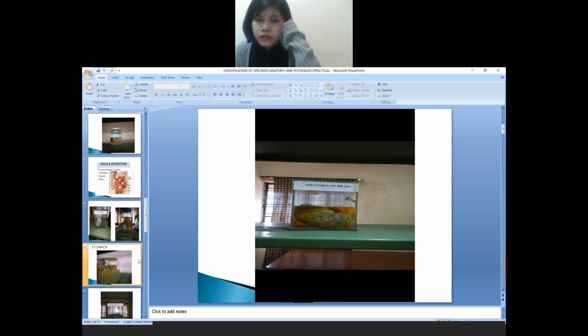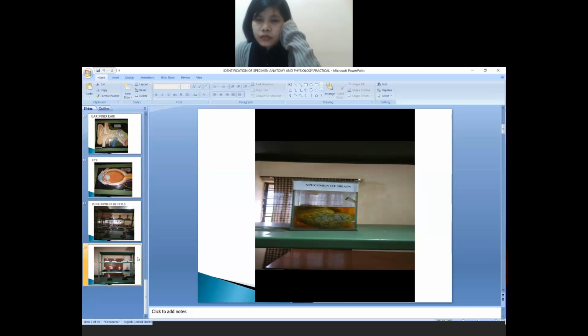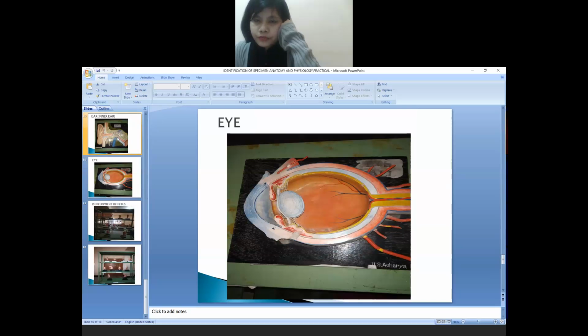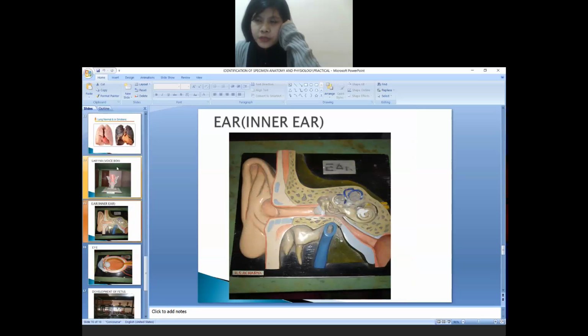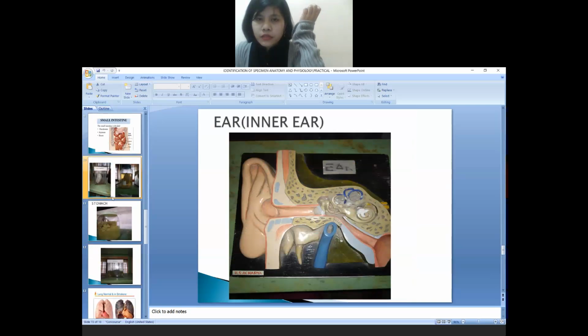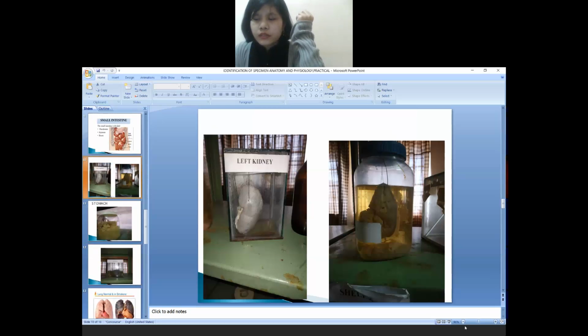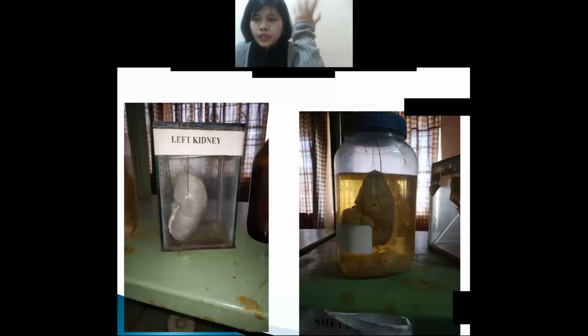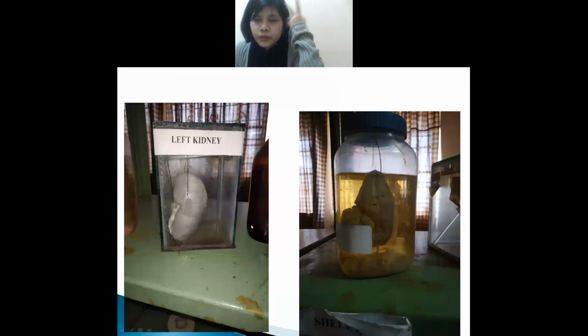If I ask anything from all the specimens or from all these models, will you be able to answer? Suppose I ask you about this kidney.